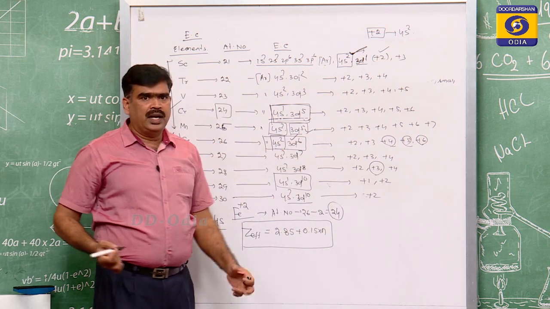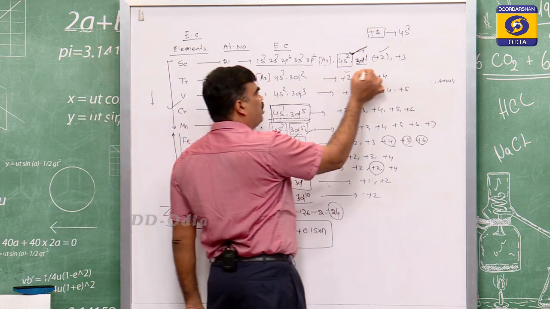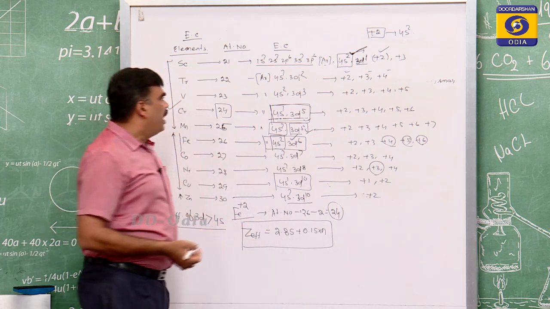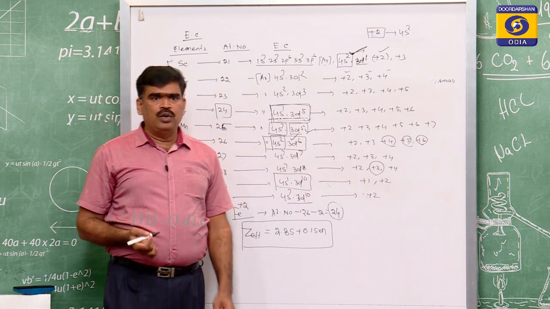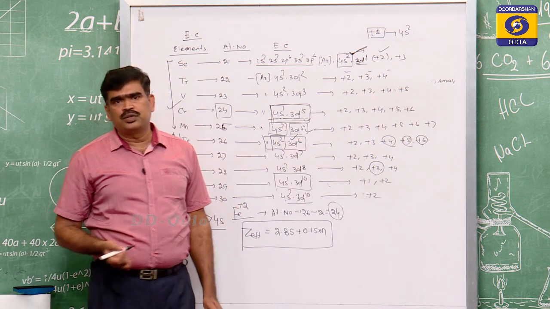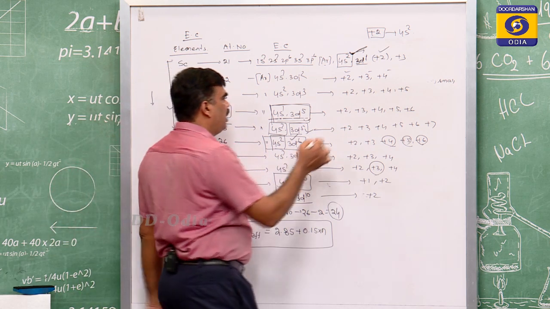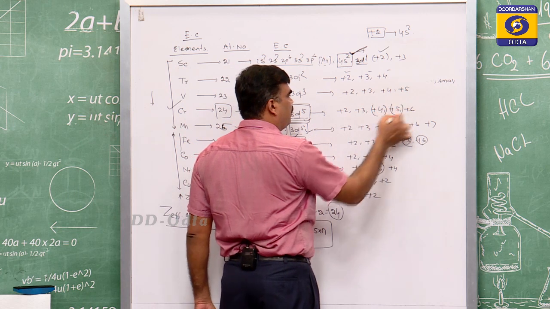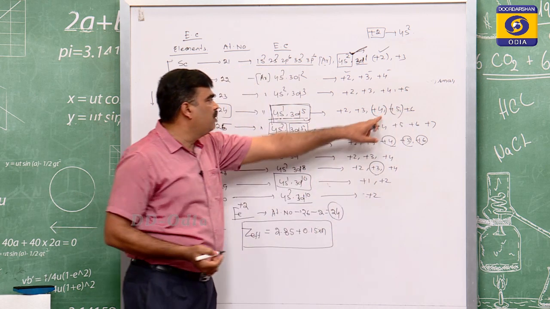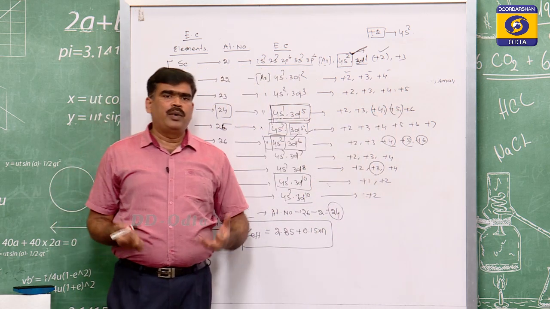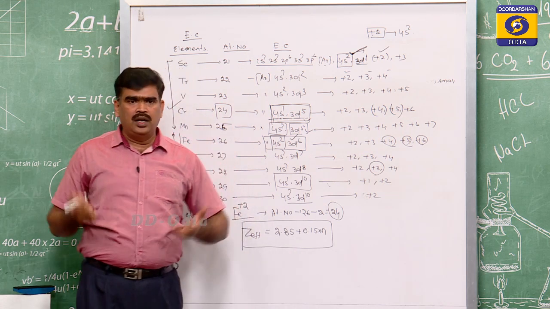In the case of titanium, you see it shows +2, +3, +4. Vanadium also shows oxidation states +2, +3, +4 and +5. But in the case of chromium, +4, +5 are unstable oxidation states. I am enclosing them in a bracket. These compounds cannot exist. They are highly unstable.